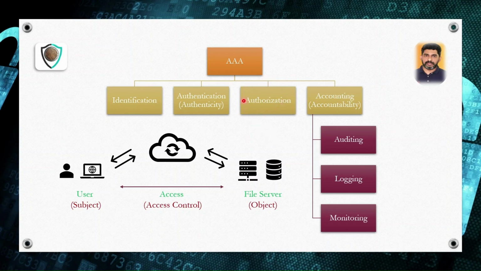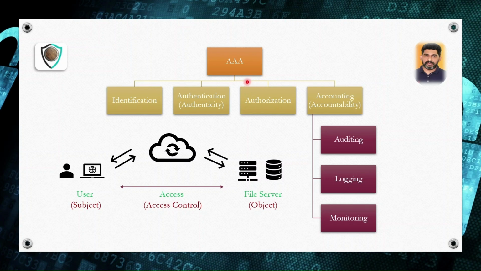Then we have the concept of authorization. After identification and authentication is over, the user is able to access a particular object. When the user is trying to open a particular file, here the file is the object.